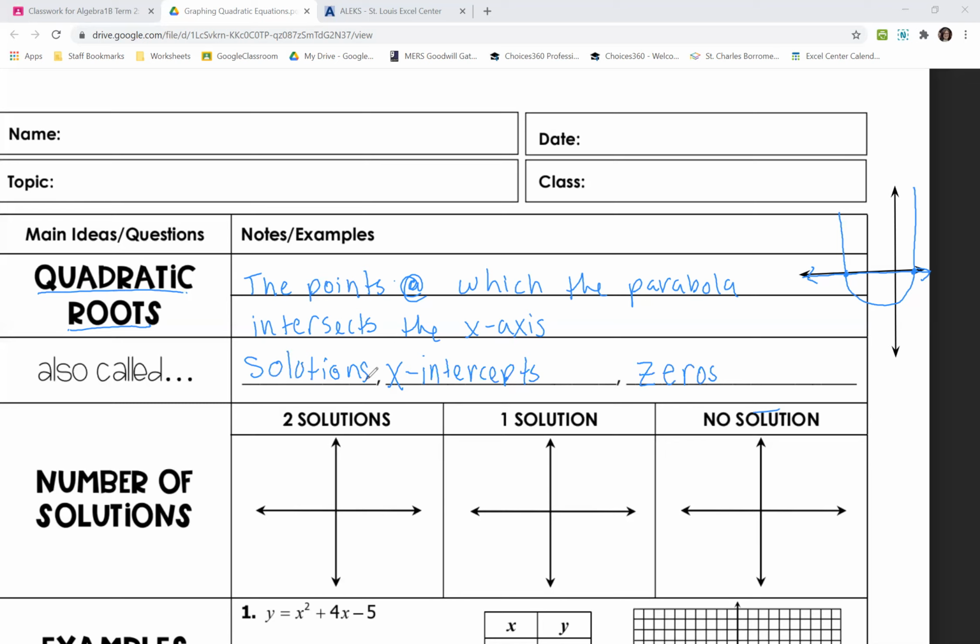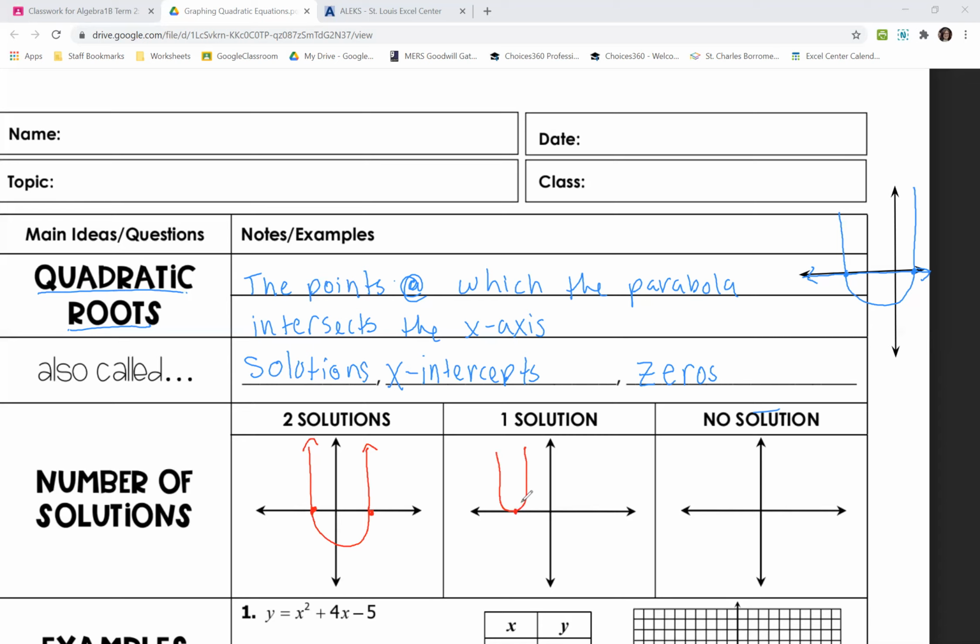So a lot of the time, whenever you're graphing, you're going to end up with 2 solutions. It'll cross at 2 points, because a U or an arch loops around and comes back where it began. But there is a possibility that there's just one solution, and that would look like this, where your U turns right when it meets the x-axis.